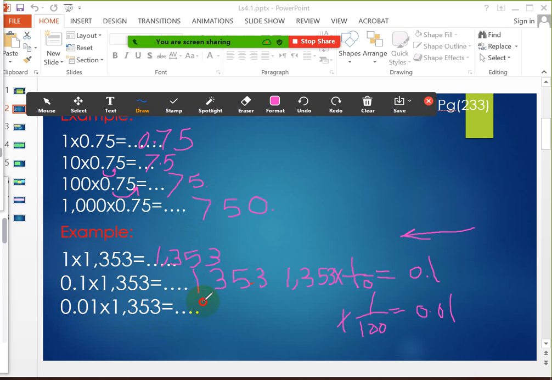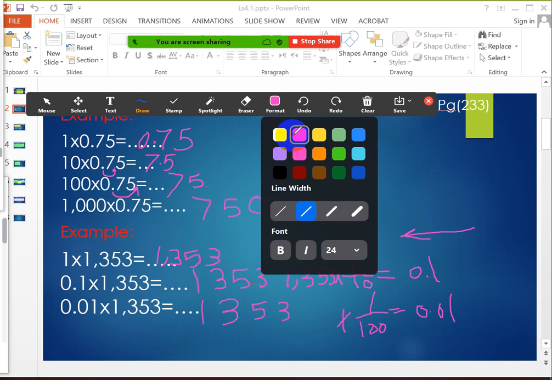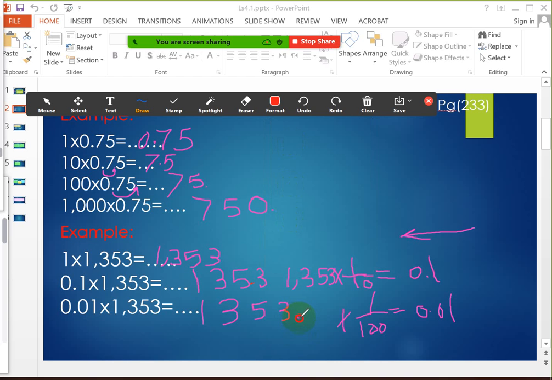So the number will be what? 1, 3, 5, and 3. The decimal point will be right here all the time. You have to move the decimal point 2 digits to the left side. So the decimal point will be right here.